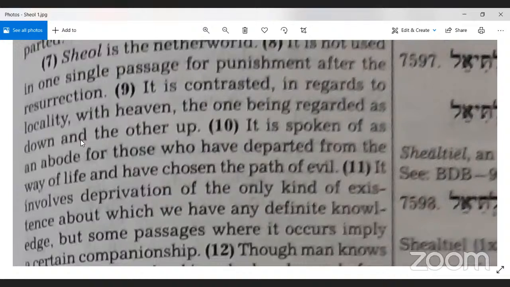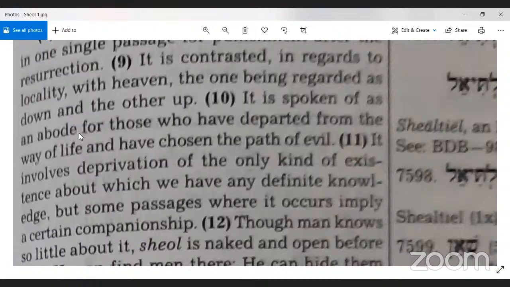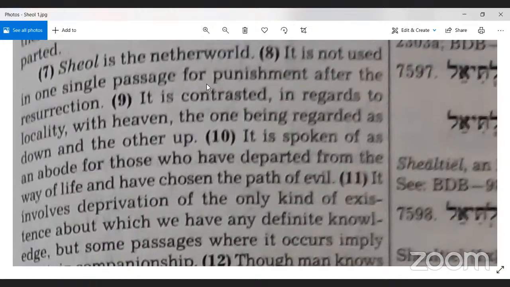But notice this, it says it is not used in one single passage for punishment after the resurrection. What does that mean? What resurrection are they talking about? There's supposed to be two resurrections according to Christianity. Of course we don't deal with that.